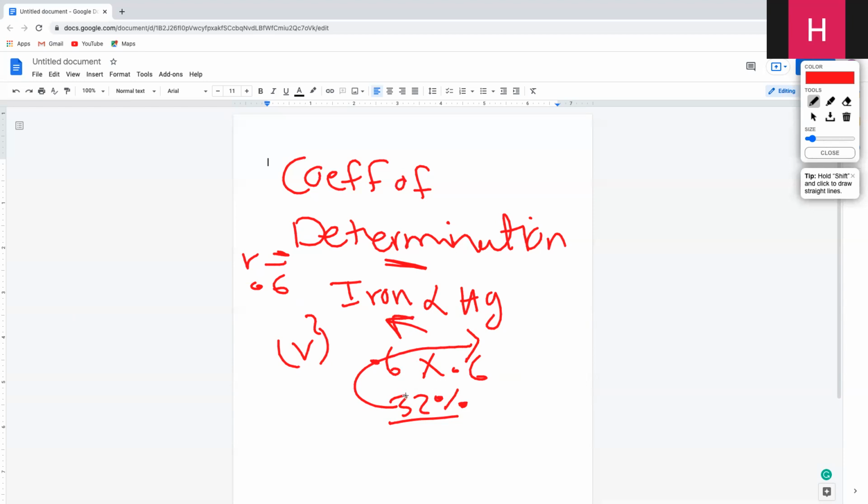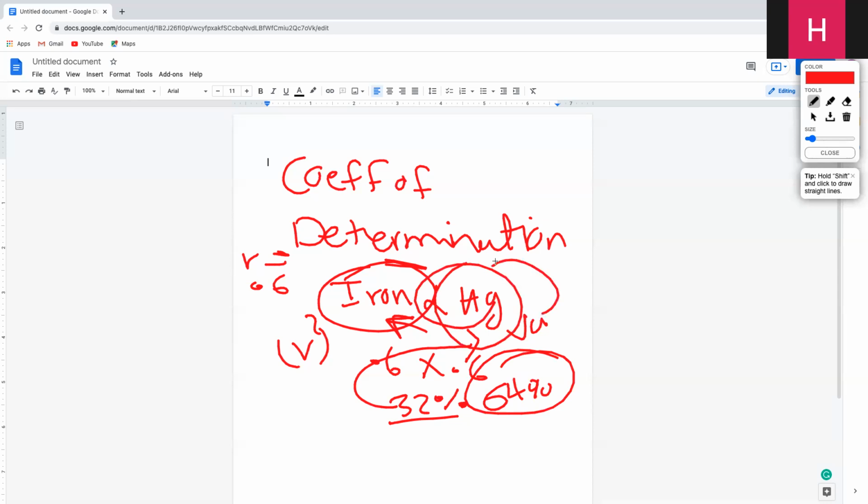So how do you explain it? You will say that 36% of the variability in the hemoglobin was explained by the iron intake, for example. That's how you read the coefficient of determination.